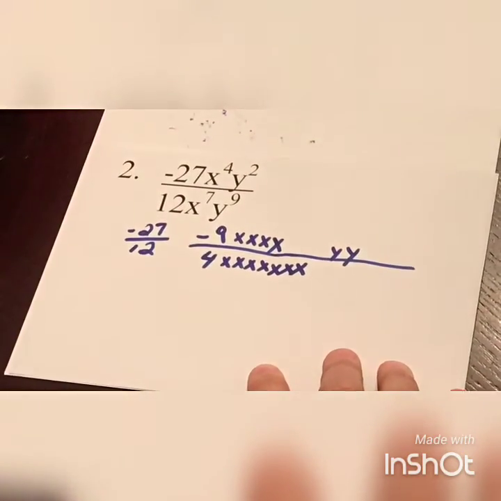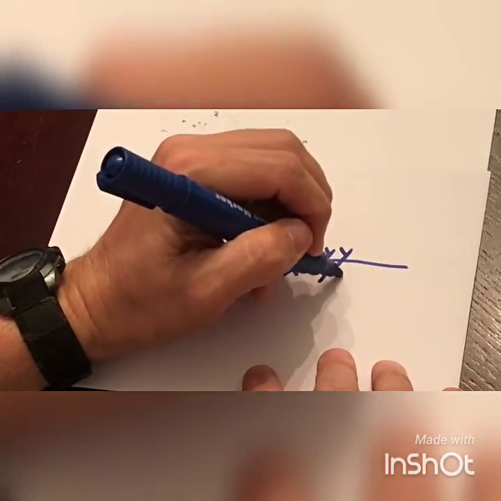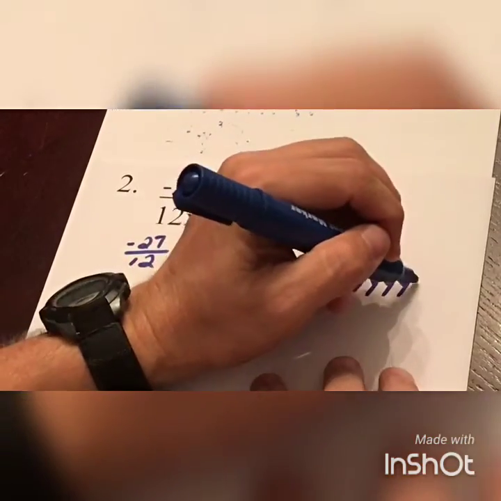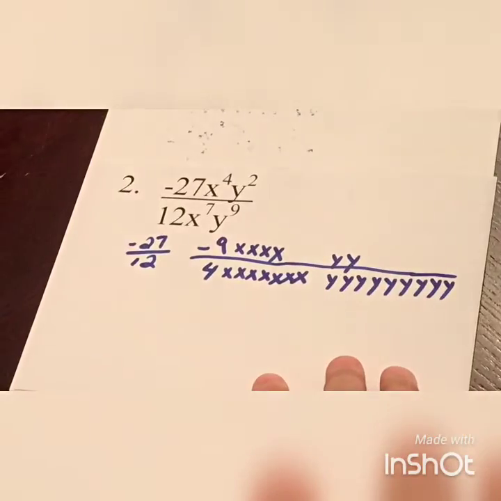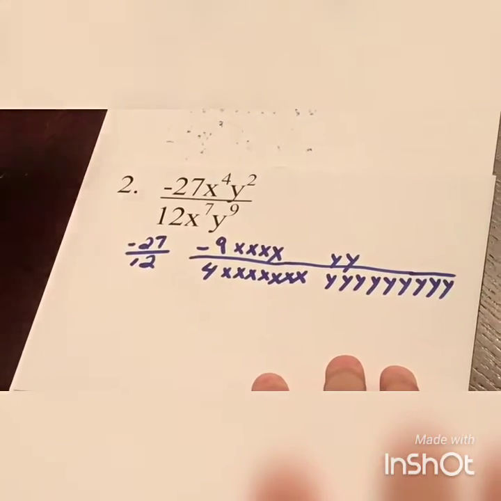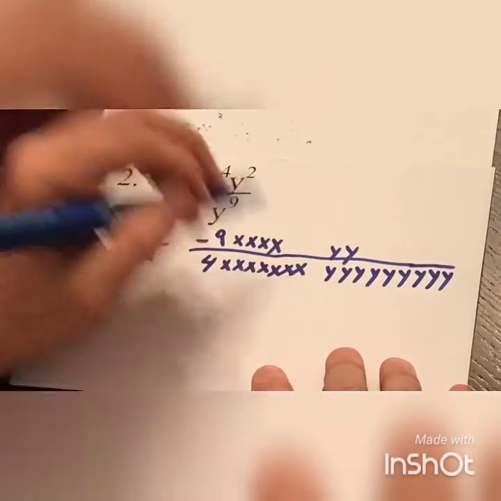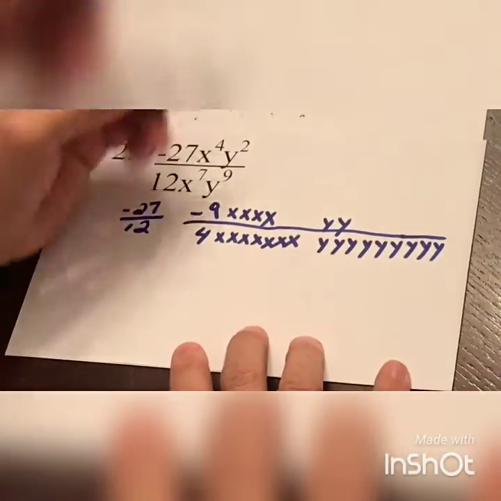Make sure that is an X. Y to the ninth power. 1, 2, 3, 4, 5, 6, 7, 8, 9. I hope you are getting tired of writing all those letters. I'm going to teach you a shortcut when we get to the back of the notes.